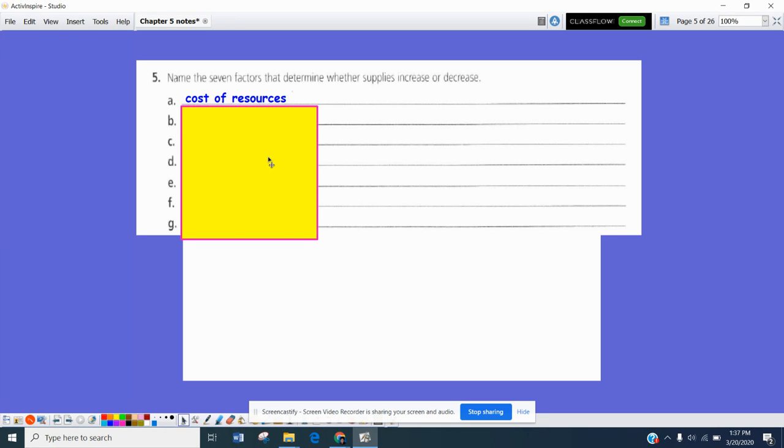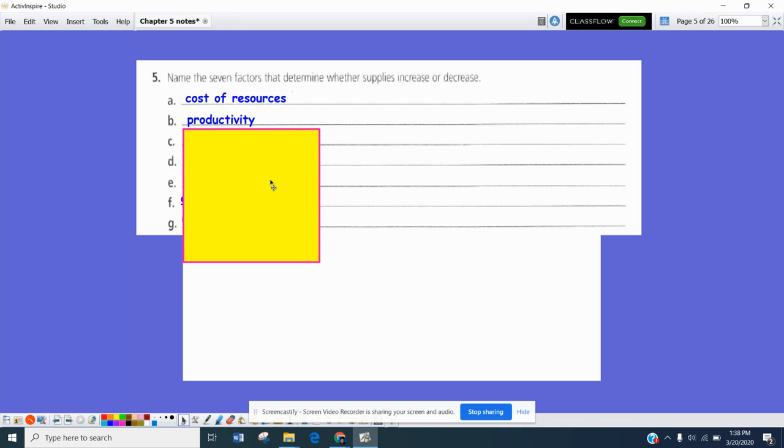If we're talking about inputs you need to produce a particular product, if I'm a farmer, I'm concerned about my fuel prices, my cost for fertilizer and seeds, and the wear and tear on my equipment. That's all part of it. If something goes up, that's going to make a big difference in how much is supplied. Productivity: how productive can I be in producing that product?